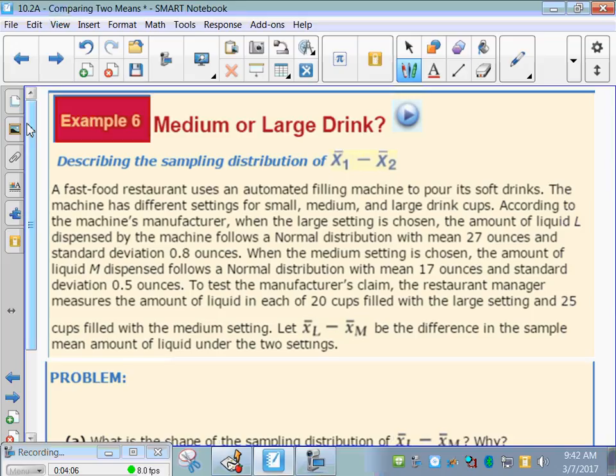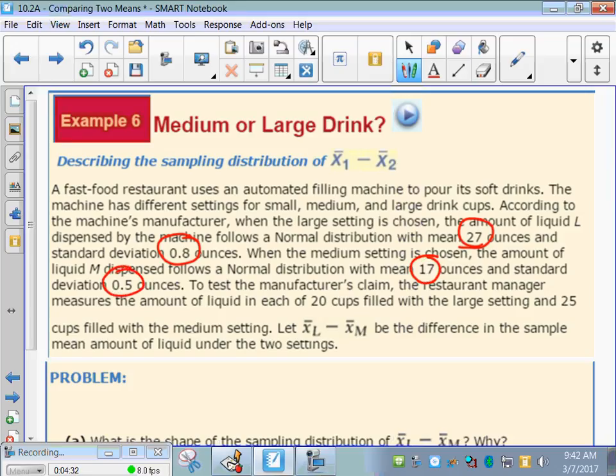According to the machine's manufacturer, when the large setting is chosen, the amount of liquid L dispensed by the machine follows a normal distribution with mean of 27 ounces and standard deviation of 0.8. When the medium setting is chosen, the amount of liquid M dispensed follows a normal distribution with a mean of 17 ounces and a standard deviation of 0.5.